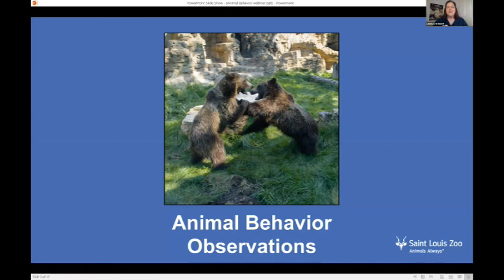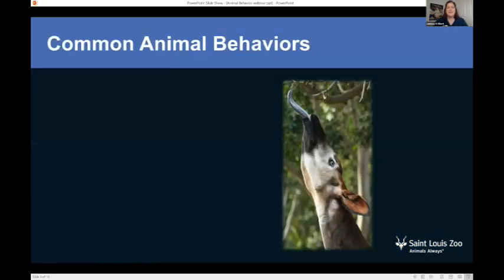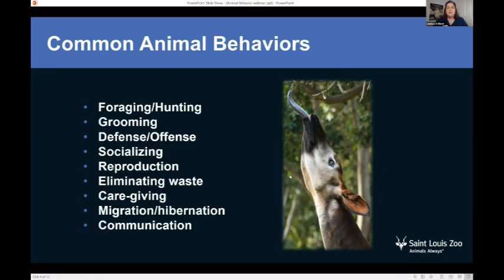All right, so animal behavior observations. Maybe we should talk about some common animal behaviors first. So there's a photograph of an animal. You can type in the chat if you know what animal that is. So some common animal behaviors. The animal in our photo here is an Okapi, if anyone guessed that.